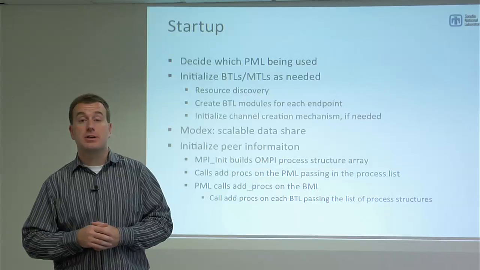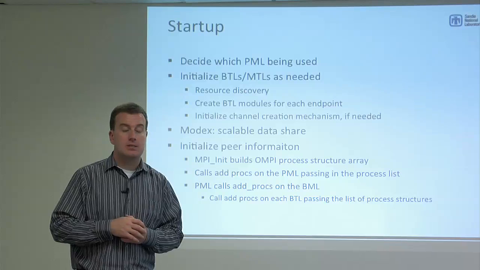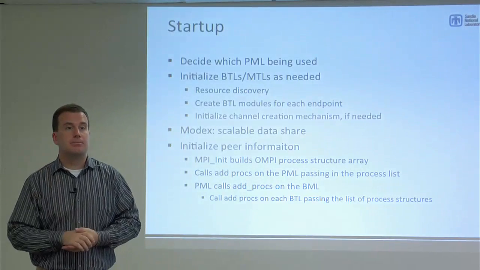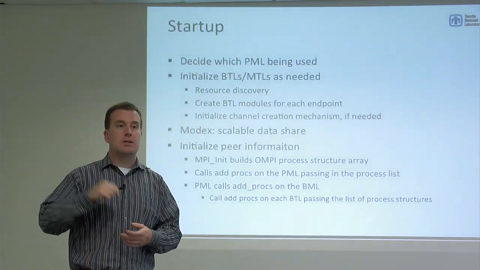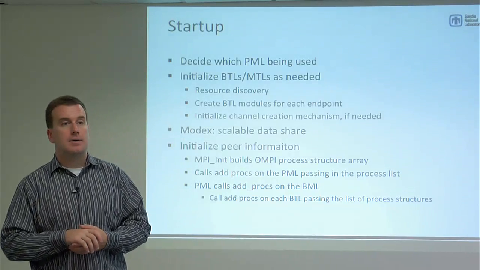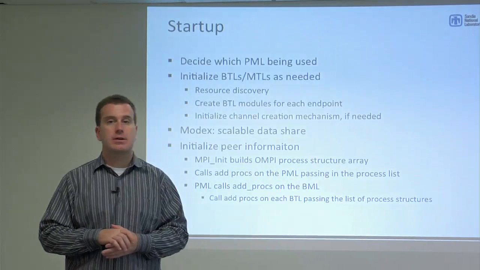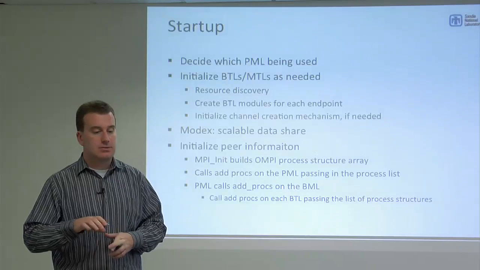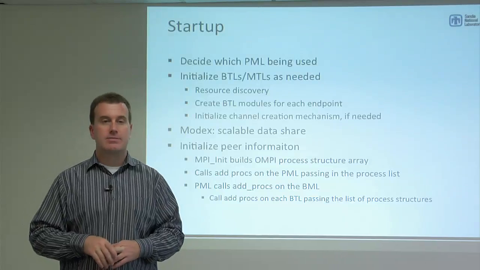So we've shared all this information now, and MPI init has built this giant ompi_proc_t array that we talked about, and created all the processes, filled in their architecture types, and the PML has had add procs called on it for all of those, and it goes into an individual BTL and says, hey, for process 5, can you talk to it?